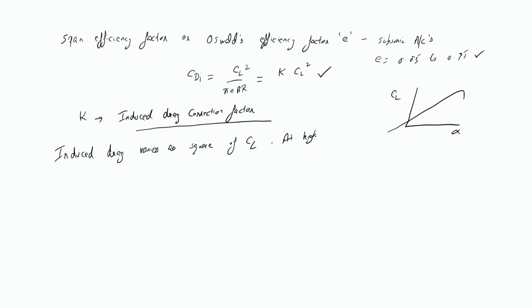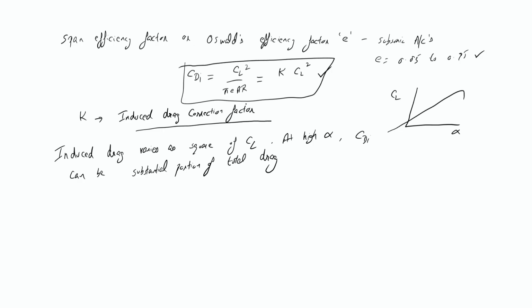So at high angle of attack, CDI can be a substantial portion of total drag. Alright, and one more thing, we can actually reduce this induced drag by increasing the aspect ratio. We increase the aspect ratio and CDI actually reduces.